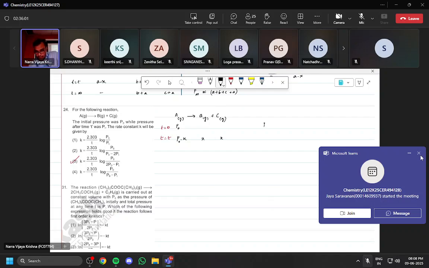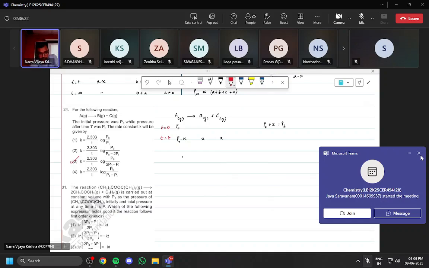Now, P naught plus X equal to PT. Reason? What they give? Final pressure is given as PT or not? So P naught minus X plus X is nothing but equal to PT.